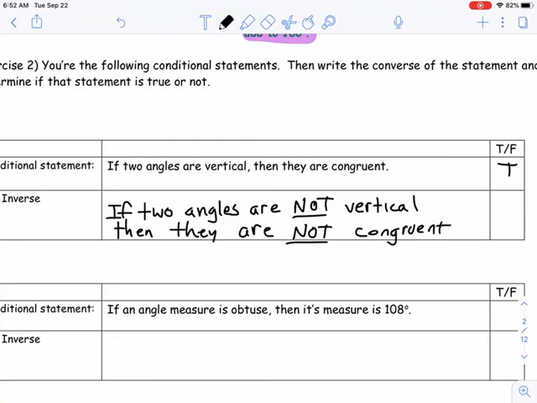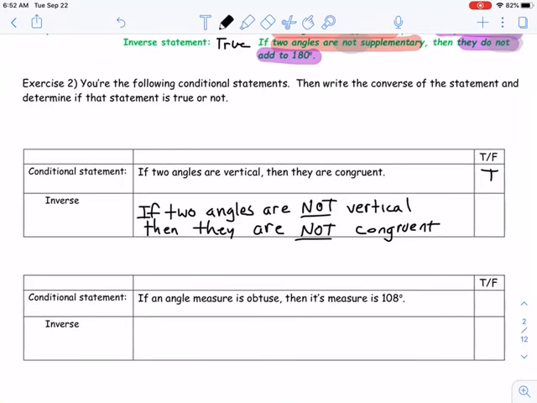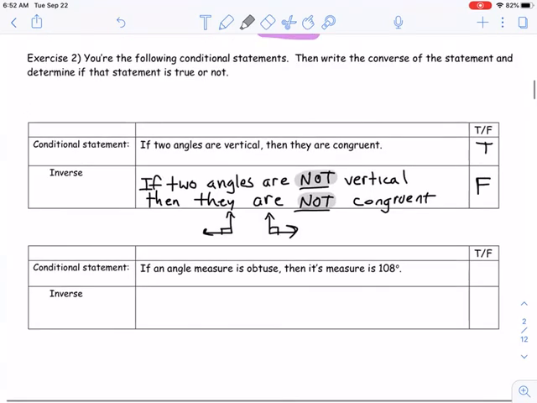And is that true or false? That's false. Alright, again, we can use the same counterexample as before, where we got a right angle chilling over here, a right angle chilling over here. Alright, they're not vertical angles, but they're still congruent. And notice how we just put those nots right in there. Same order, just have the nots.